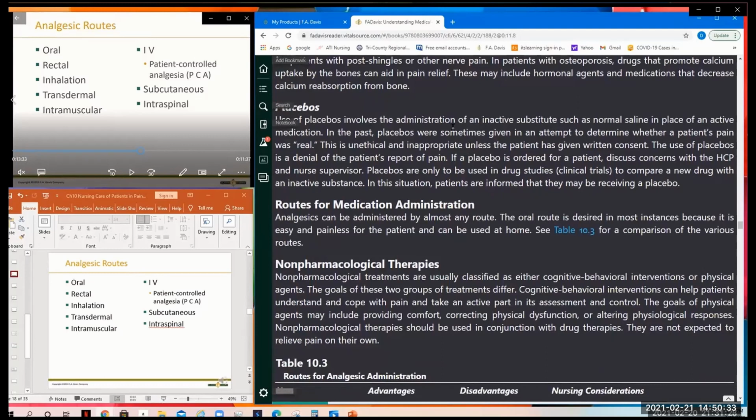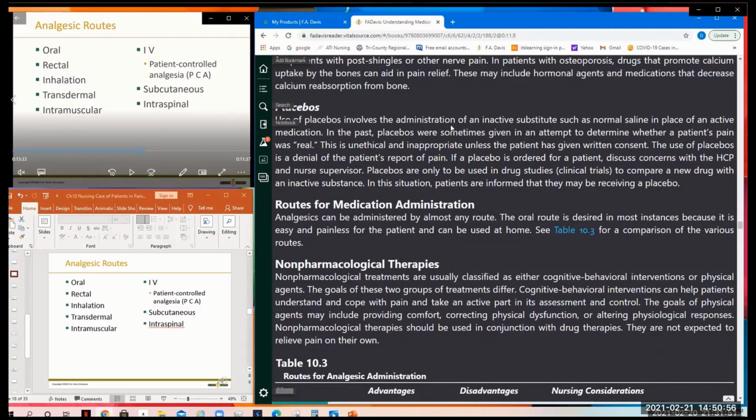Placebos. The use of placebos involves the administration of an inactive substitute, such as normal saline, in place of an active medication. In the past, placebos were sometimes given in an attempt to determine whether a patient's pain was "real."